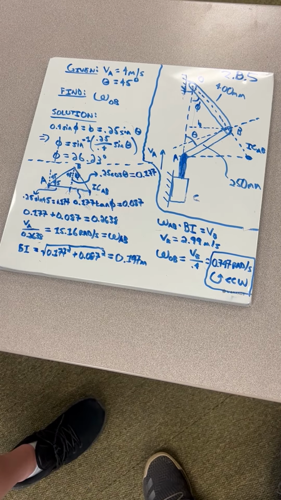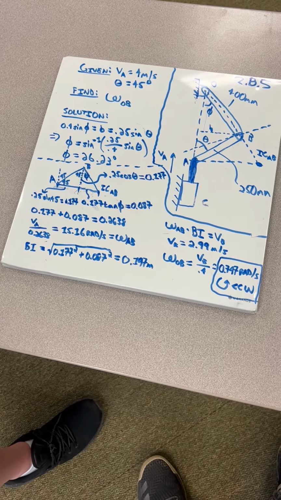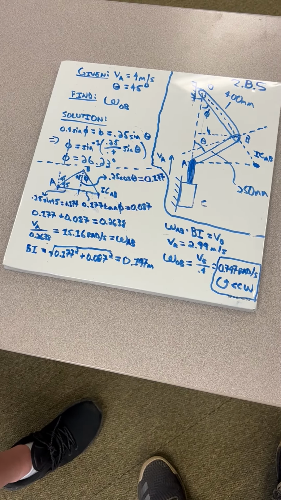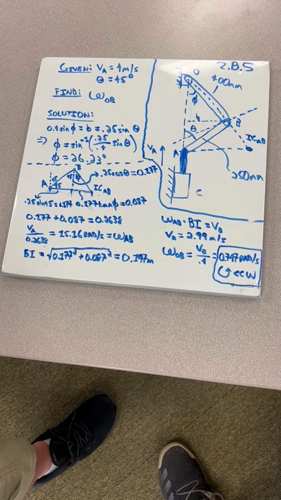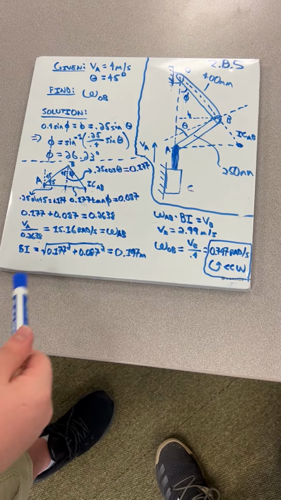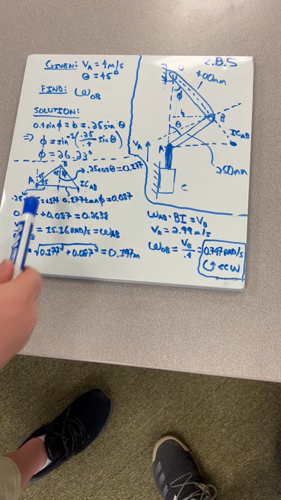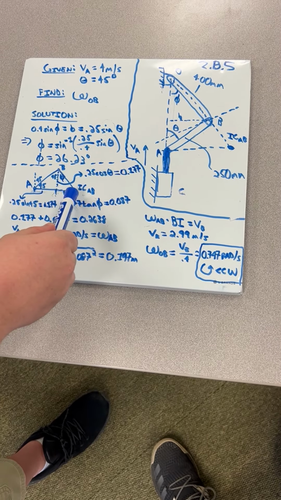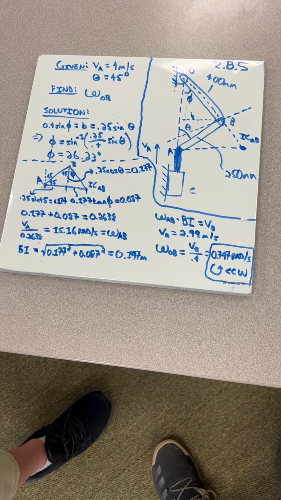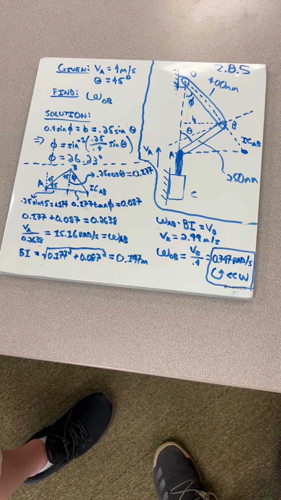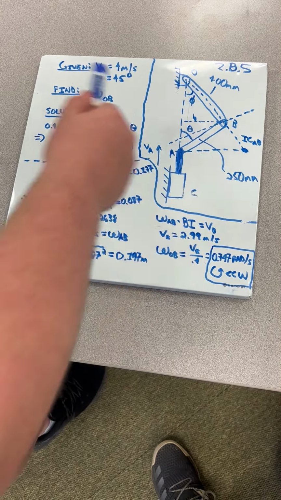So now that we have that out of the way, we can draw a set of diagrams to find the length of AB, which will be used momentarily. To start, we're going to find the angle phi. This will be used later on when we try to find the length of the segment between point A and the instant center. We find that by drawing another line here and making two triangles that we can relate.